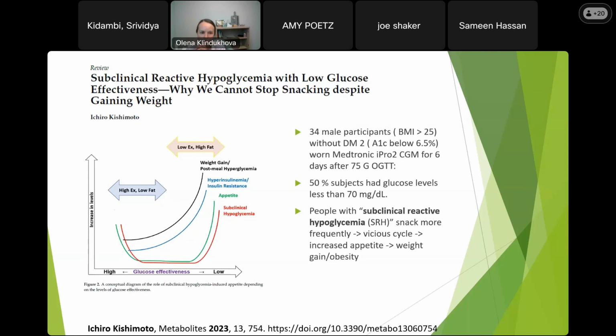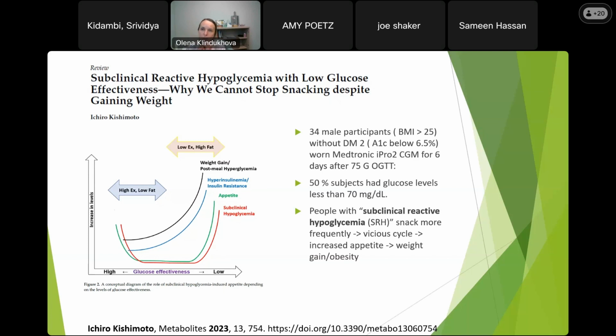They demonstrated that patients who had a higher occurrence of hypoglycemia below 70 were more likely to snack, and those patients were likely to have higher BMI.